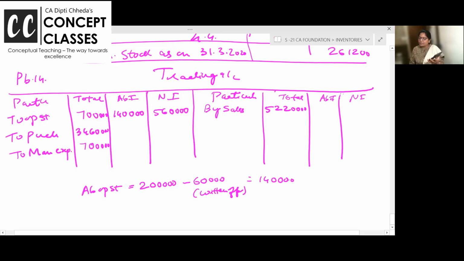Next, they have given it was sold also for 160. So in your total sales 52 lakh 20,000, 160 is the abnormal sales. So what is my normal sales? Normal sales 50 lakh.